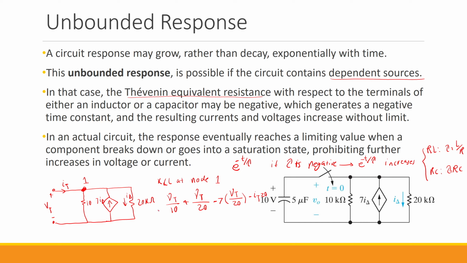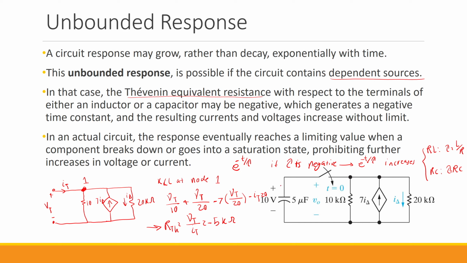If we rearrange this equation, we get RTH, which is VT over IT, equal to negative 5 kilo ohms. So the Thevenin equivalent resistance of this circuit is negative 5 kilo ohm.